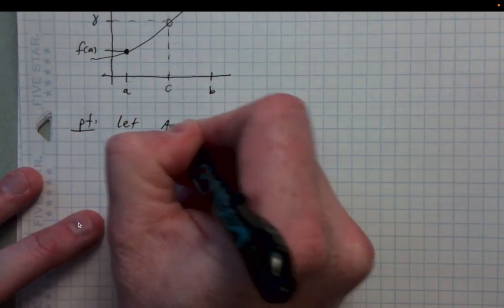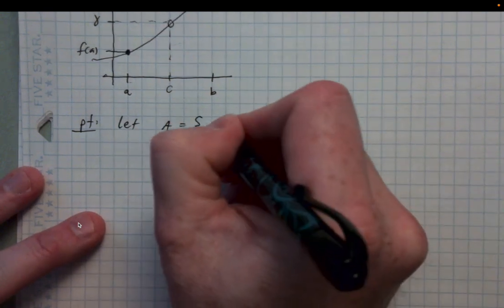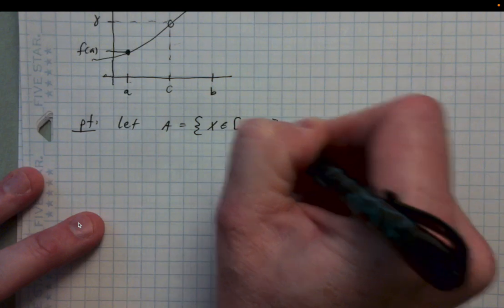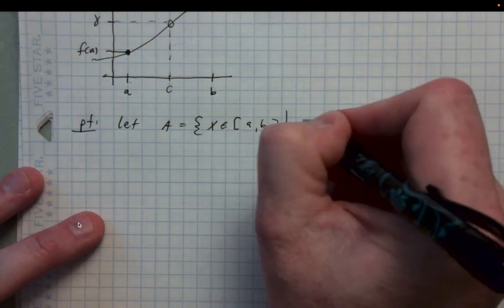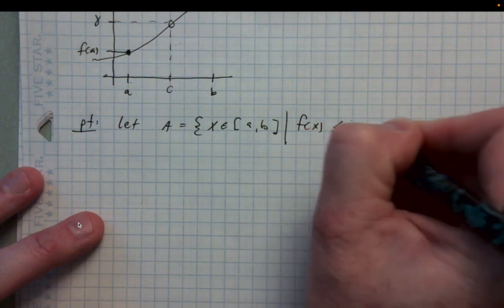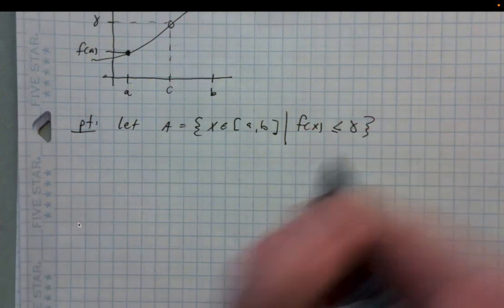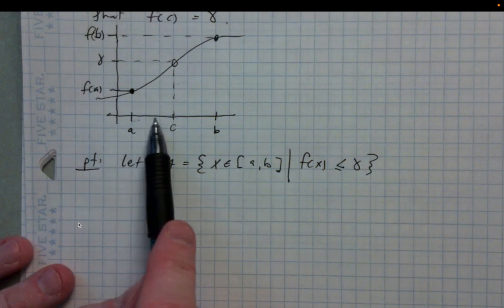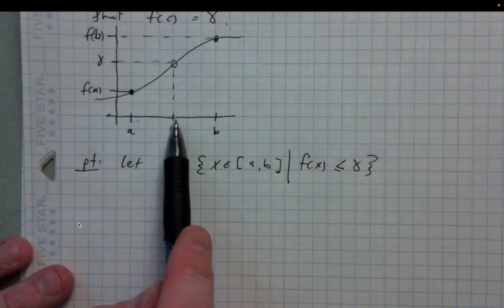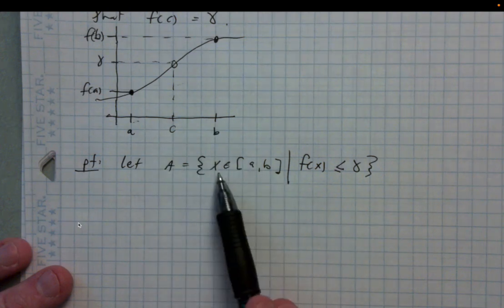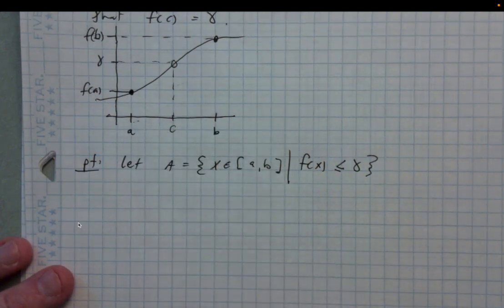Let A equal the set of x in the closed interval a to b such that f of x is less than or equal to, we'll say, delta. Okay. So thinking about it visually, it would be all these guys down here, right? At some point there may be an element in here that is equal to this delta, but we're saying let's start by building this set out.